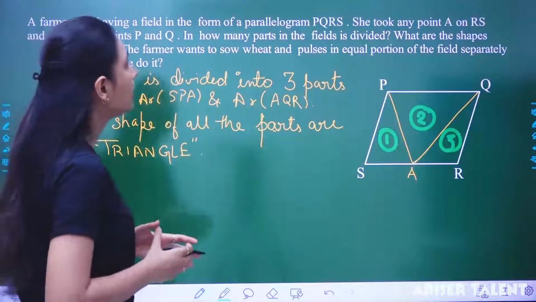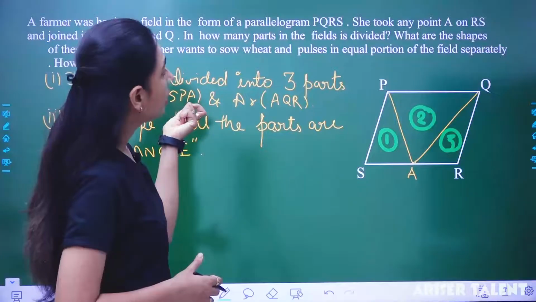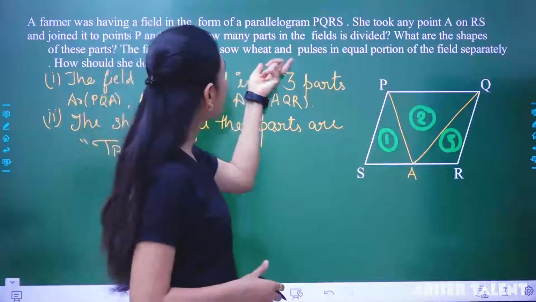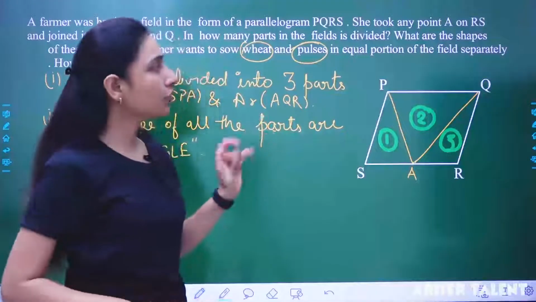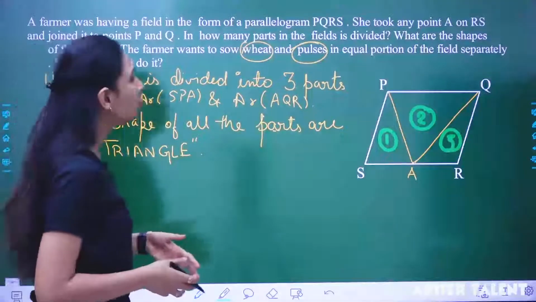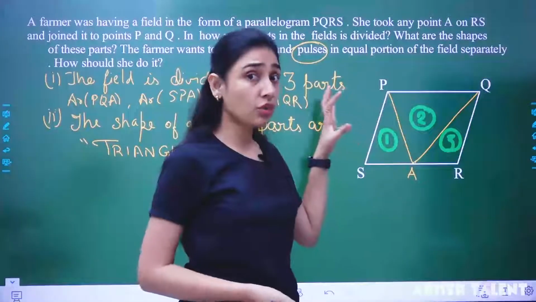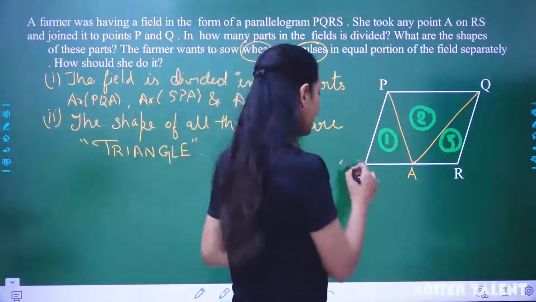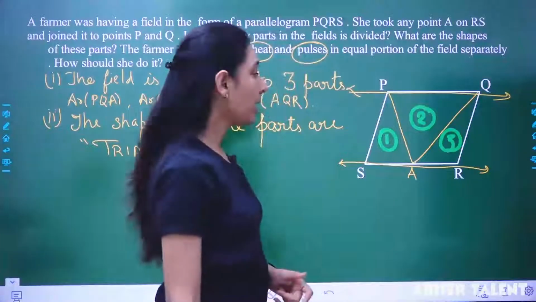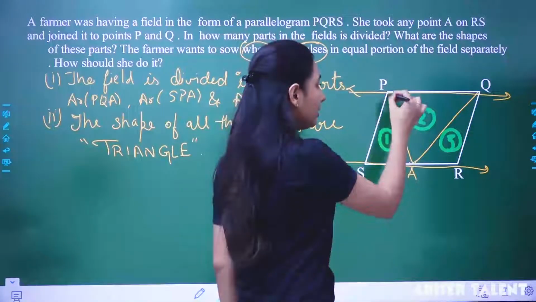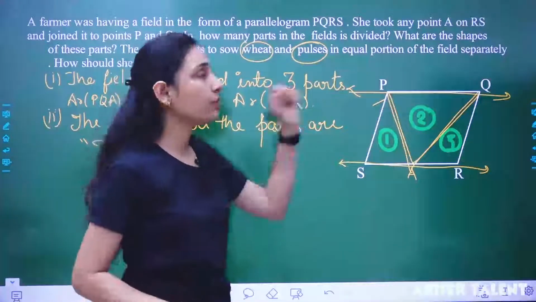Now, what the farmer wants is to sow wheat and pulses, two categories, in equal portions of the field separately. How should she do it? By just looking at it, we can use the area theorem. We have SR parallel to PQ, and this point makes this triangle and this parallelogram lie between the same parallels and on the same base PQ.